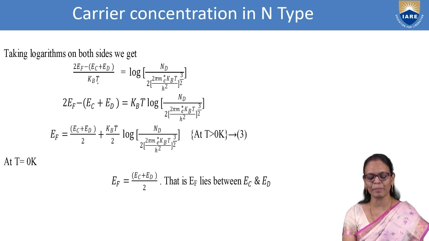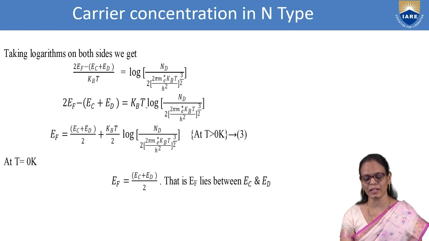Now we will take kBT onto the other side. We are just taking this denominator to the right hand side. So we have 2Ef minus of (Ec plus Ed) is equal to kBT log of Nd by 2 into (2 pi me kBT by h square) power 3 by 2.